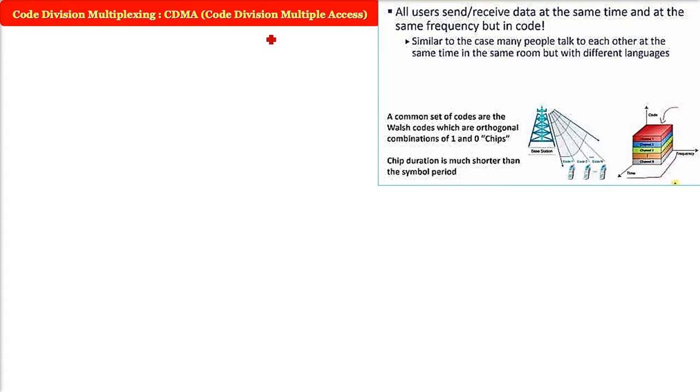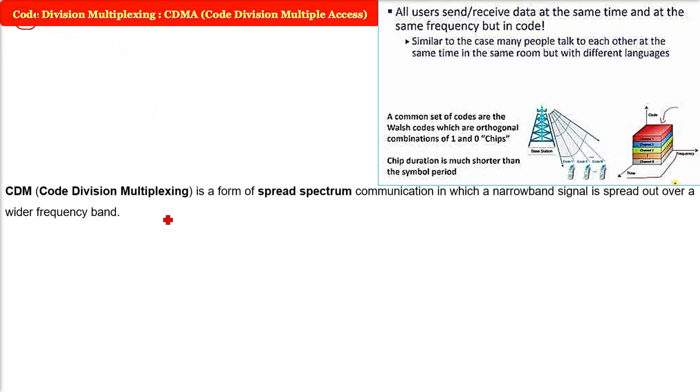Here we have a code, a very important aspect in code division multiplexing. The first word is code. So code division multiplexing is a form of spread spectrum communication. Spread spectrum means all the spectrum will be used by all the signals all the time.